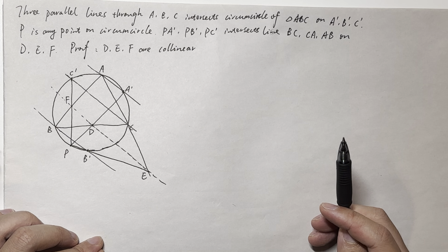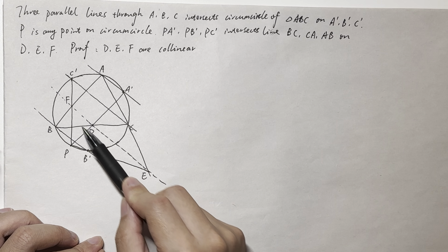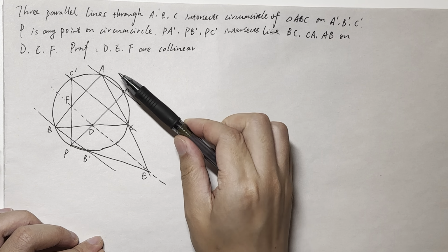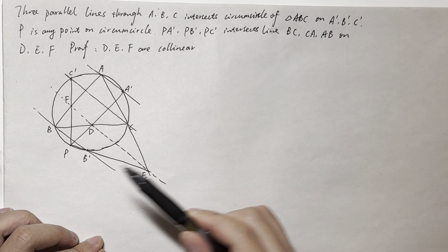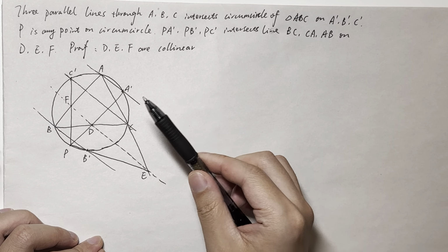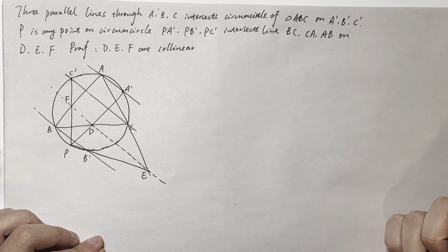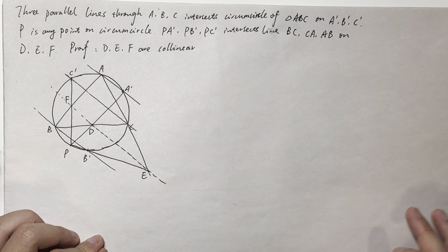So we can prove D, E, F are collinear by proving FD is parallel to AA', BB', CC', and DE is parallel to BB', CC', AA', right? That's a simple and very straightforward way to think about it.